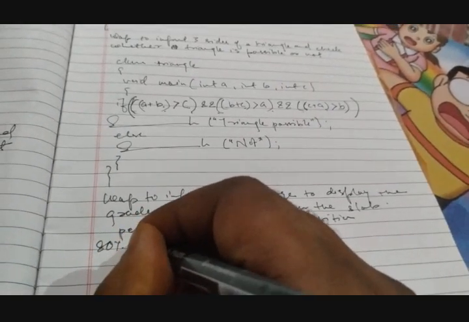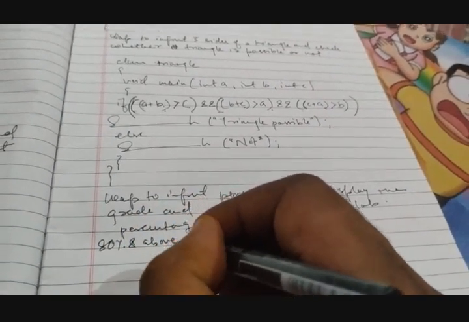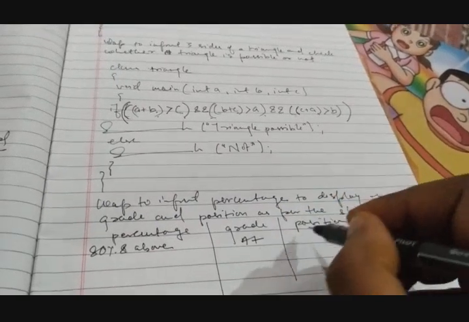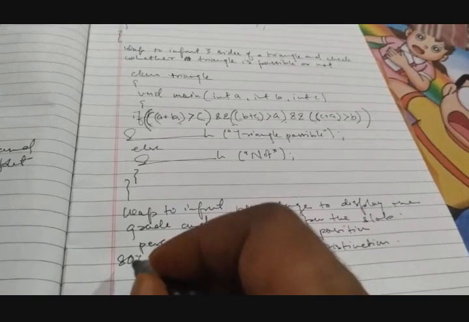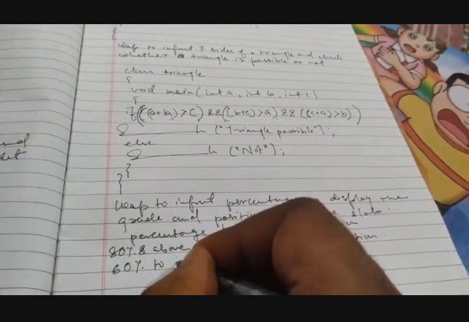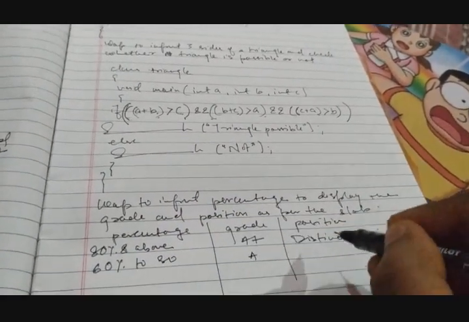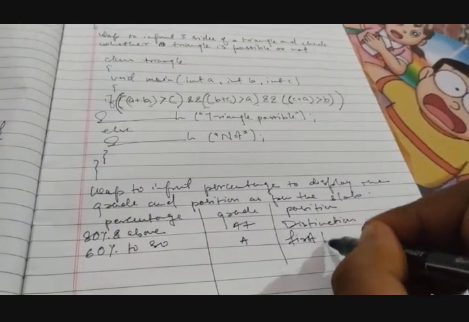80% and above, this is A plus, and we call it a distinction. Position is distinction. Now 60% to 80%, let it be A, we call it first division.